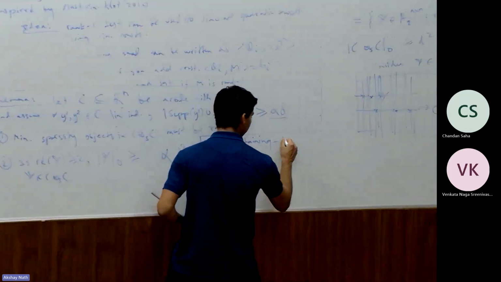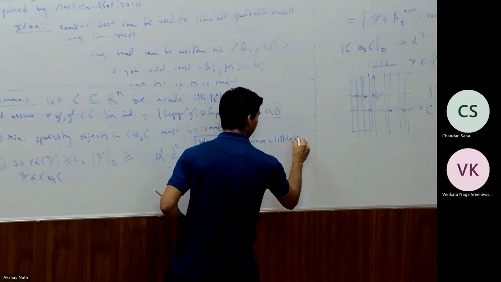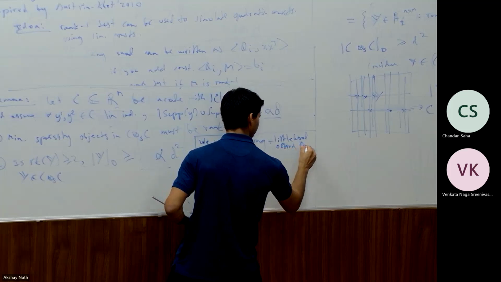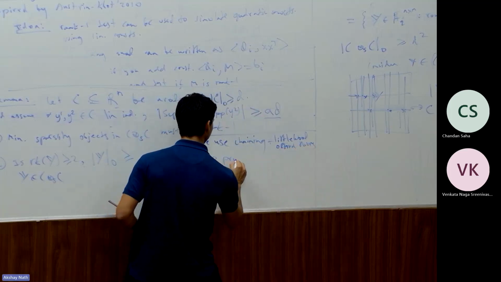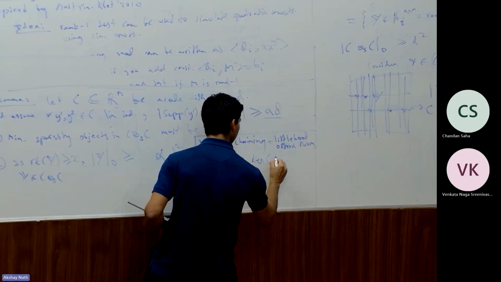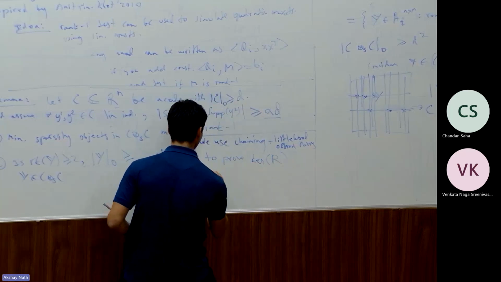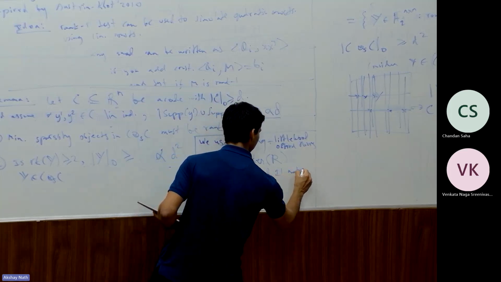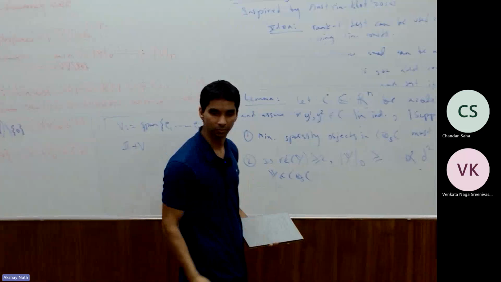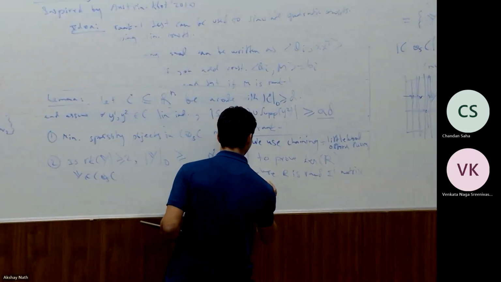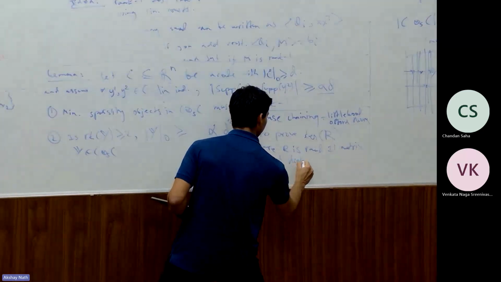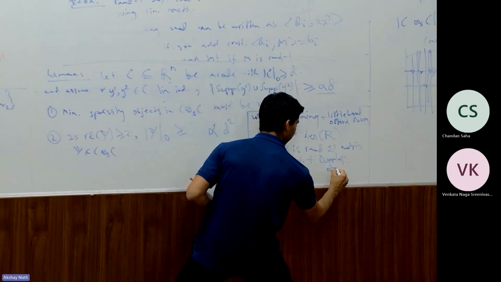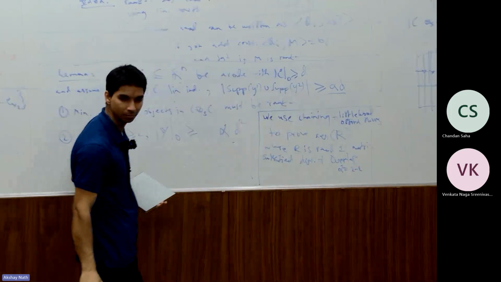We use chaining and what's called Littlewood-Offord theory to prove that the kernel of R, where R is a random plus-minus one matrix of appropriate dimensions, satisfies all these properties: the distance property plus the overlap property with alpha equals 2 minus epsilon.